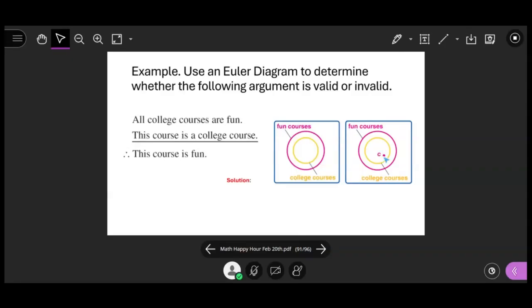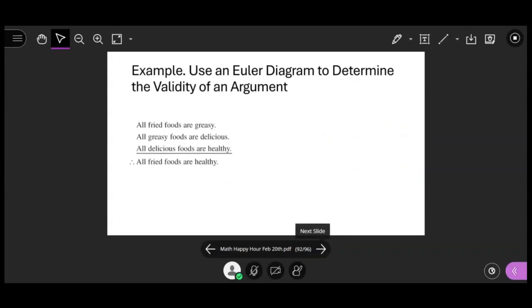Since that's the only location that I can do my second premise, now we can look at the conclusion. This course is fun. So my dot is the course that we're talking about. It's inside the college circle, which is also inside of the fun circle, making this statement a valid statement.